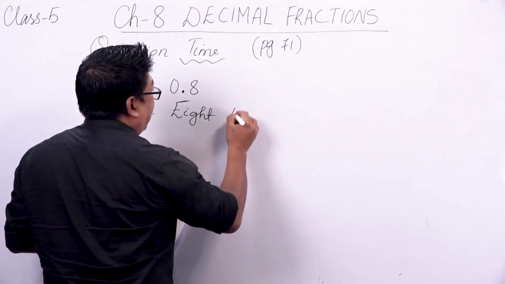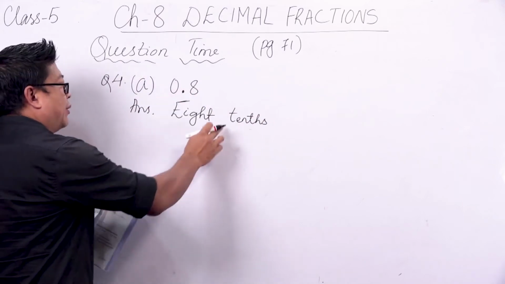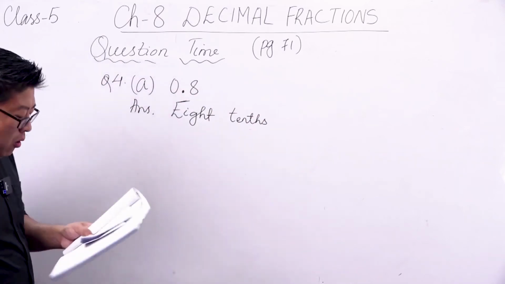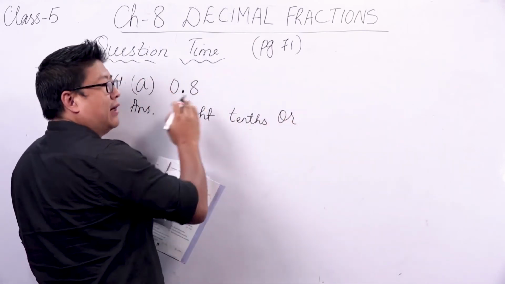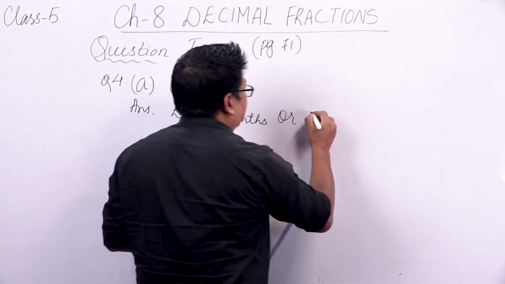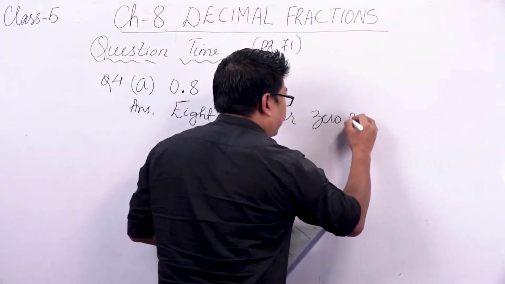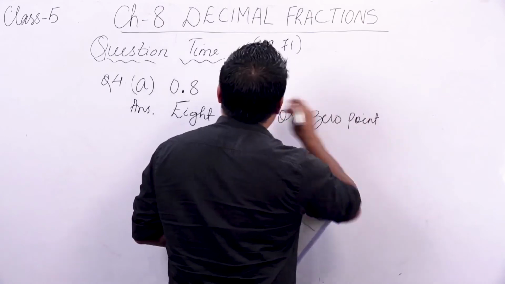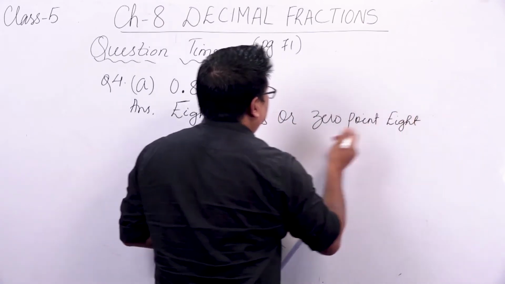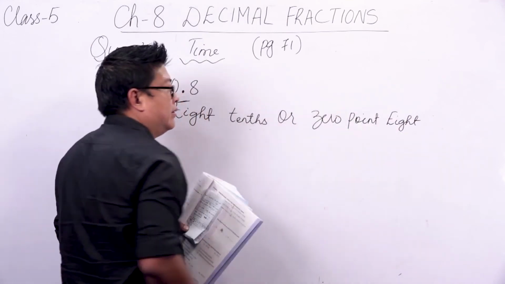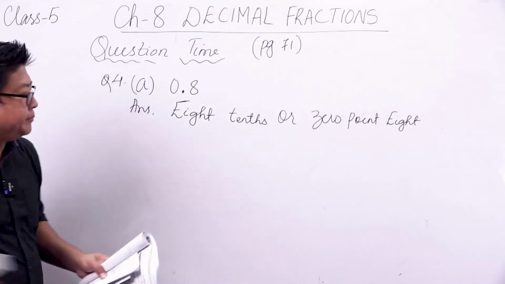Okay? 8 tenths, because only one place. Or this can also be written as the reading, how you read the number. So first is 0, and then you read point. So you have to write 0.8. So simply reading the number 0.8. All right? There are two ways to write this. You can write either of them.